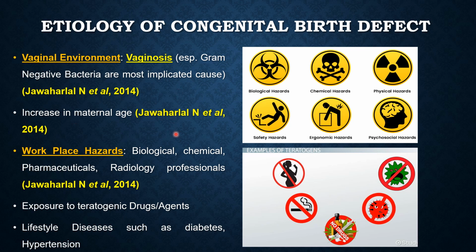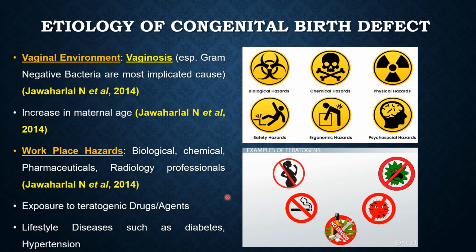In the coming slide we will also discuss the percentage of increase in maternal age which can cause congenital birth defect. Workplace hazard. Pregnant ladies who have been exposed to various biological, chemical, physical, radiological, and pharmaceutical hazards have more chances of having a baby with congenital birth defect.